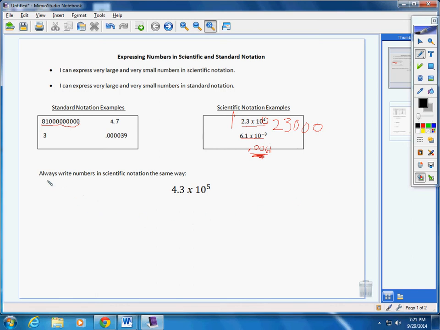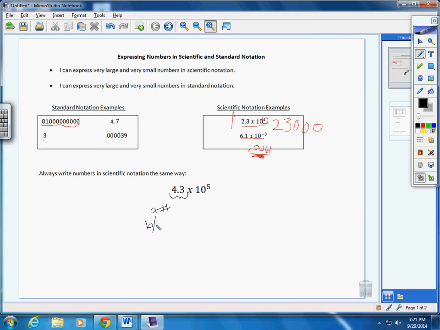Something you should know about scientific notation: you should always write your numbers in scientific notation the same way. What I mean by that is that 4.3, that number right there, is always going to be a number between 1 and 10.